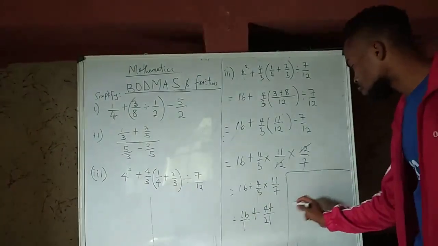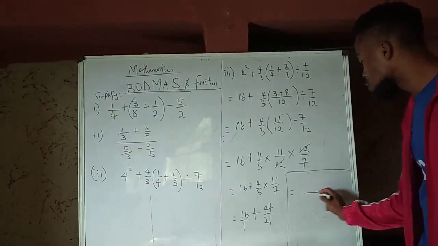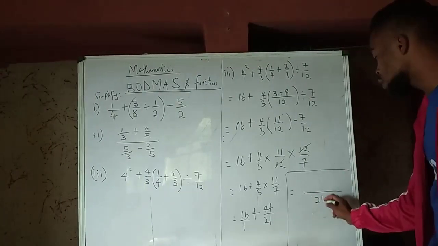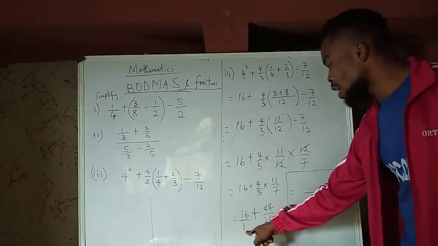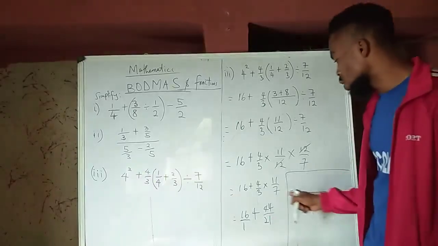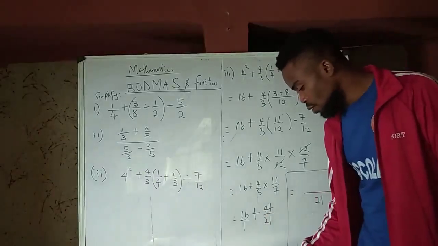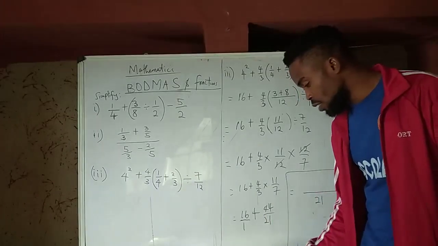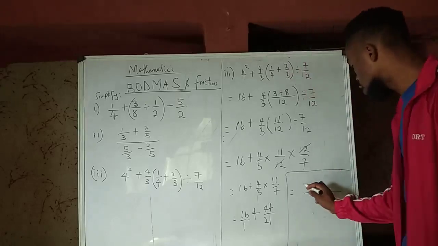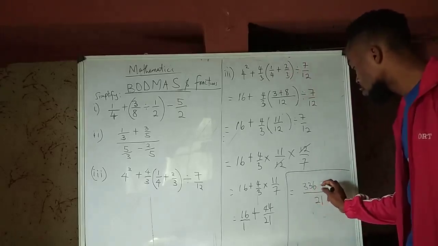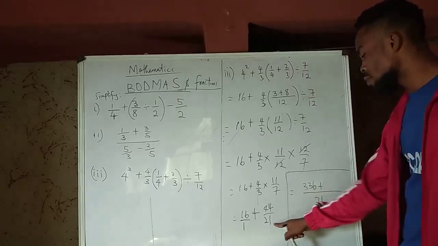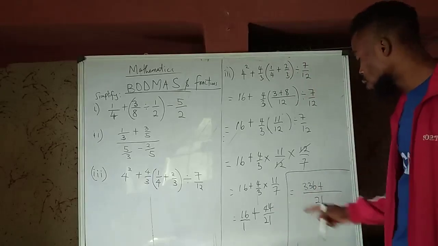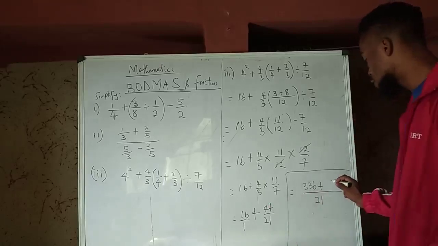Now, this is going to be equal to, what's the denominator? The LCM of 1 and 21 is actually 21. 21 divided by 1 is 21. So 21 times 16 gives us 336, plus 21 divided by 21 gives us 1.